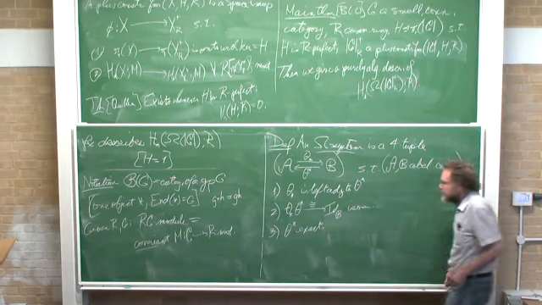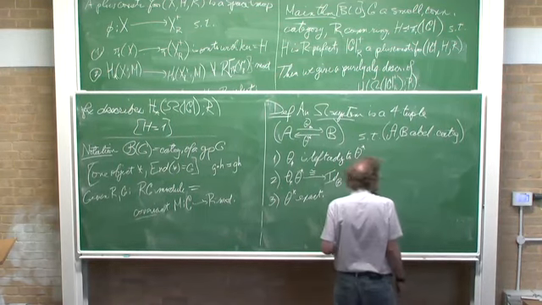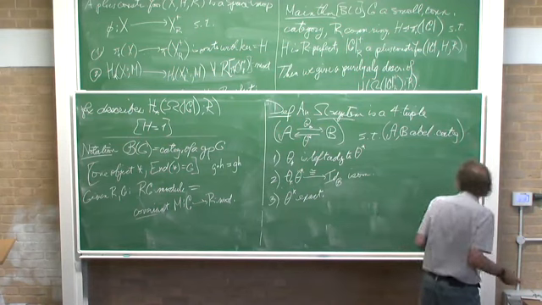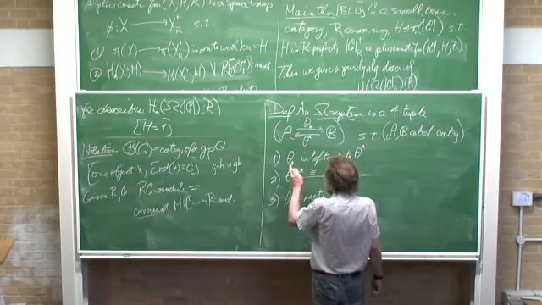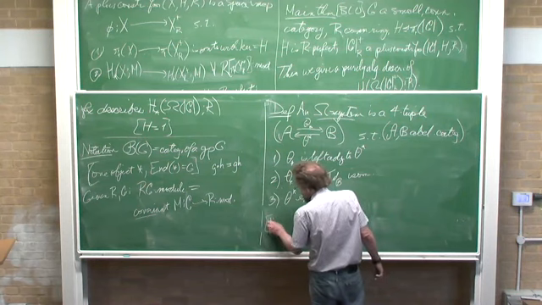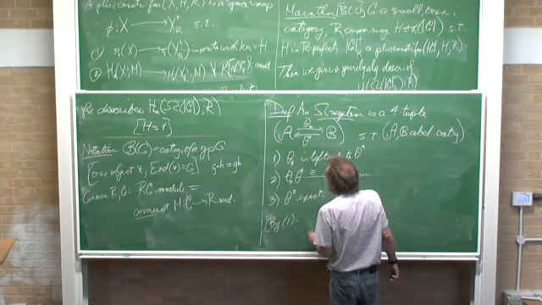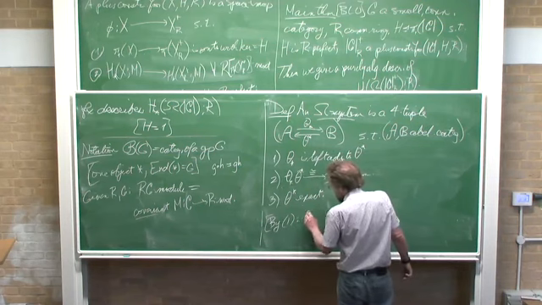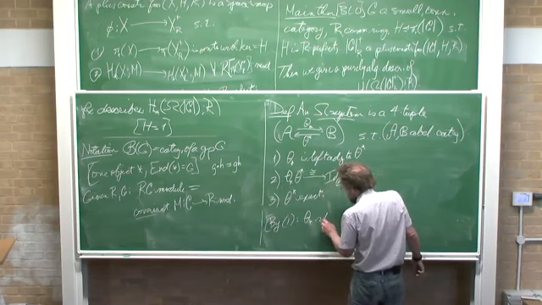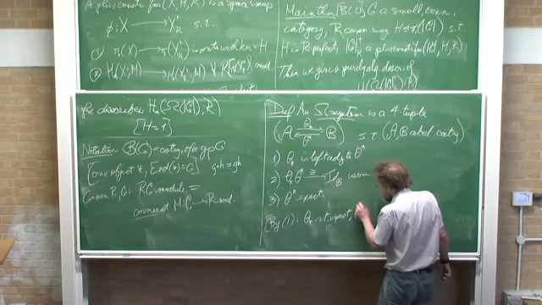And so, note that by adjointness, by point one, we have that theta lower star is right exact and theta upper star is left exact.